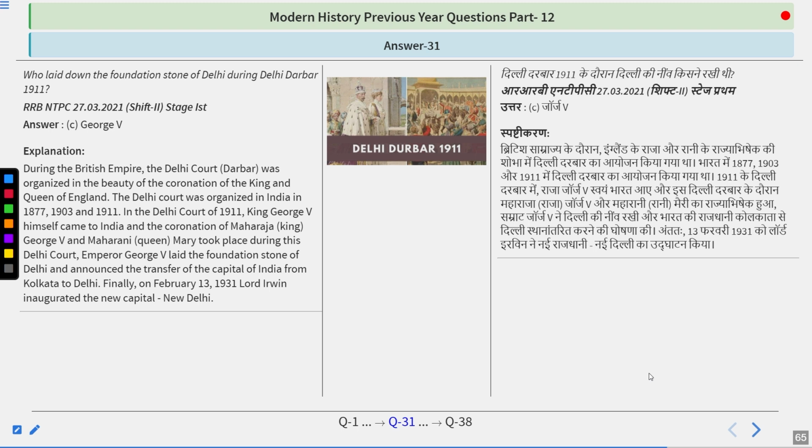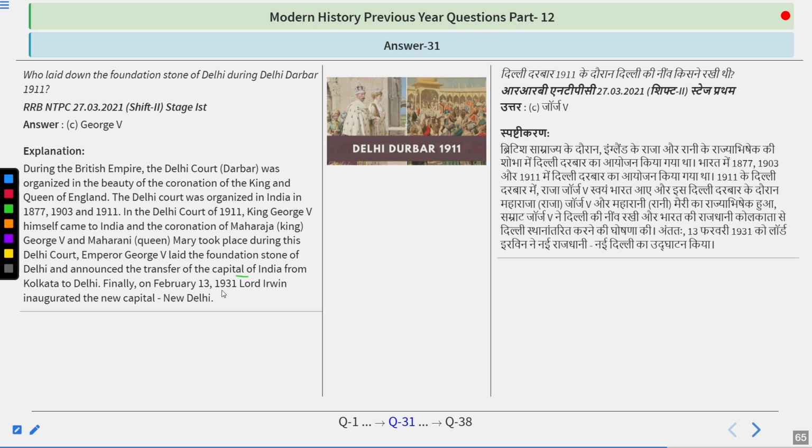In the Delhi Durbar of 1911, King George V himself came to India, and the coronation of King George V and Queen Mary took place during this Durbar. George V laid the foundation stone of Delhi and announced the transfer of the capital of India from Kolkata to Delhi.